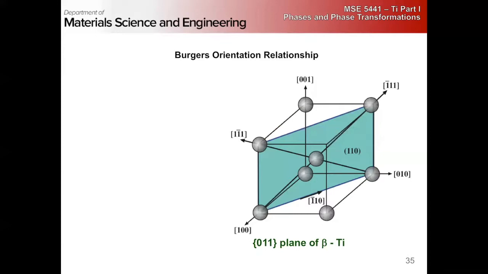I didn't talk about it when I was doing steels, but one of my research projects is reconstructing the prior austenite grain structure from martensite. And that's a difficult problem. And I'm by far not the only one that's doing it. I know of 6 other research groups around the world that are working on that same problem.